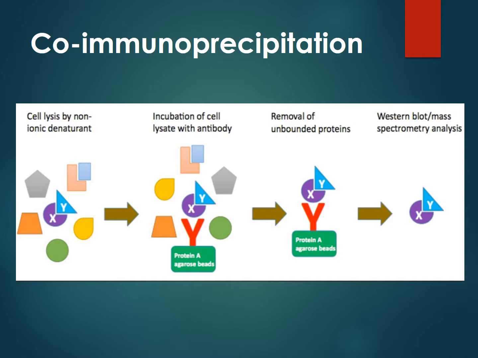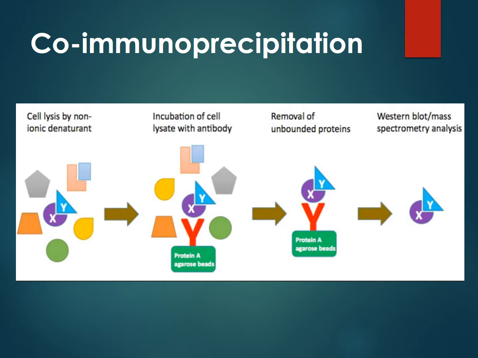Antibodies, to trick the immune system to think I'm self. There's a protein they have found in these bacteria that binds to the constant region of the antibody, this region right there. And so we chemically attach an agarose bead to it, and now this has an antibody. You add that, and it then finds these.